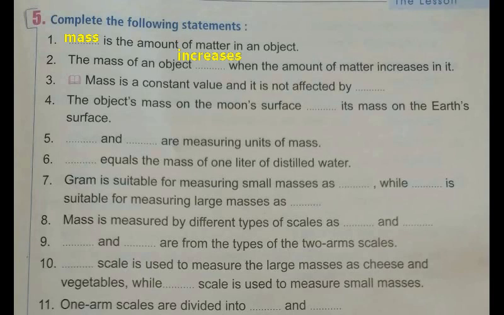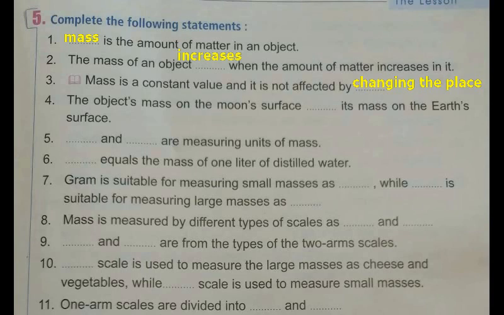Number 3. Mass is a constant value and it's not affected by changing the place. Mass is a constant value that is not affected by changing the place. Number 4.